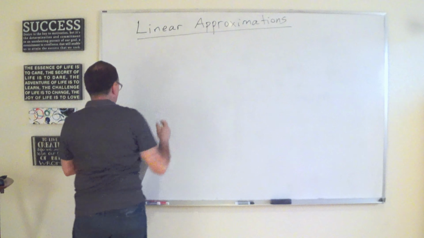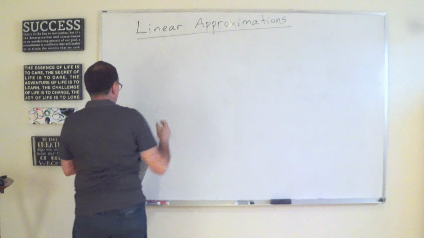And now let's draw the tangent line. The equation of the tangent line, again I remind you, can be calculated as the point-slope equation, which is y equals y1 plus m times x minus x1.